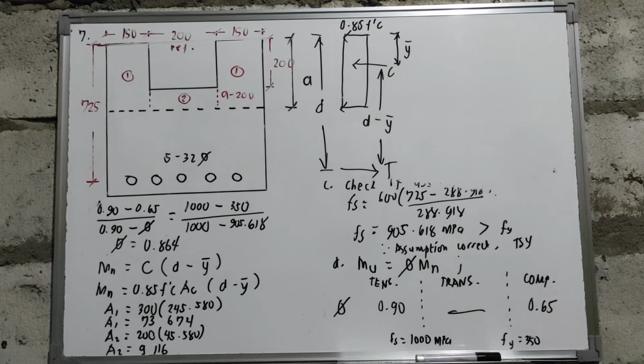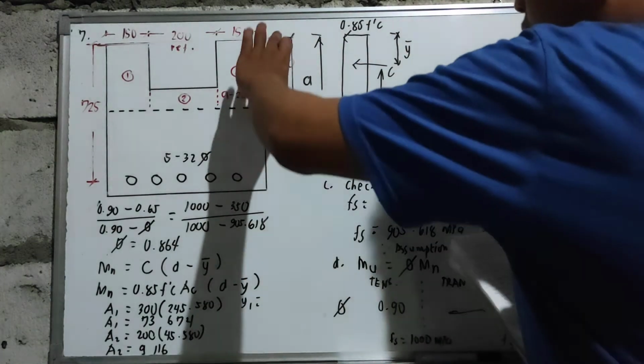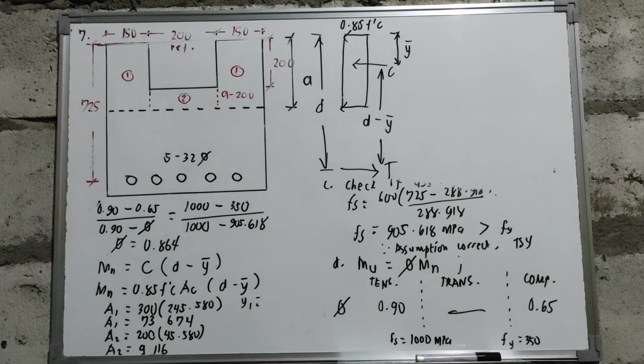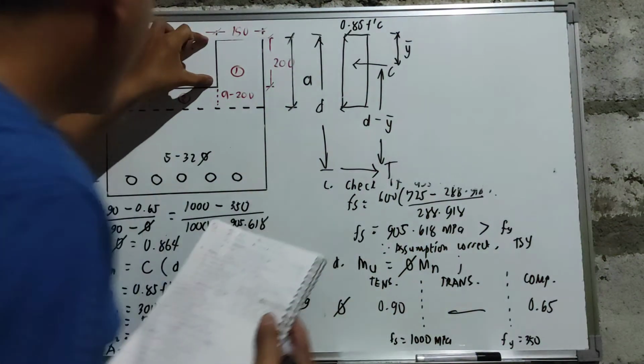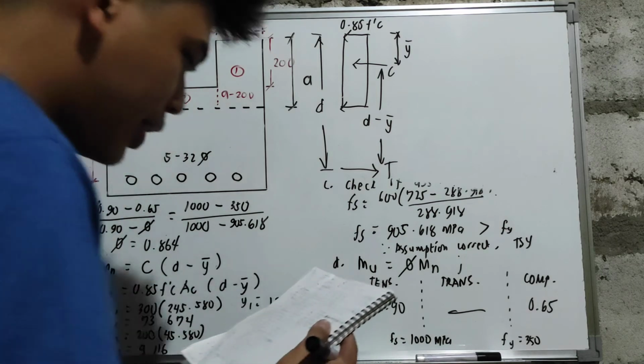So, y1 natin. So, we will have, eto yan, kalahati ng A natin. So, A over 2, you will have 122.79. Yung y sub 2 naman natin, that will be 200 plus yung kalahati ng A minus 200.